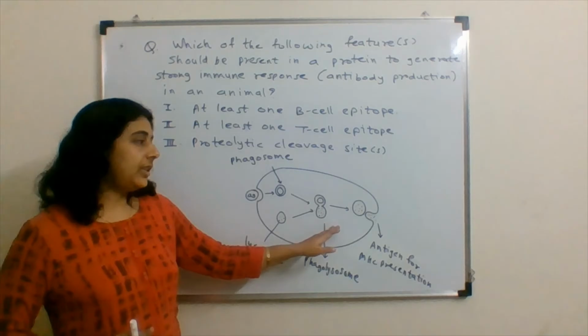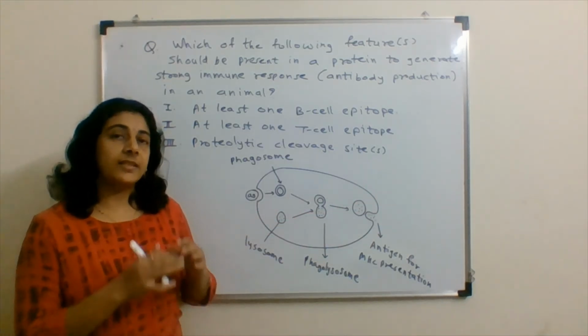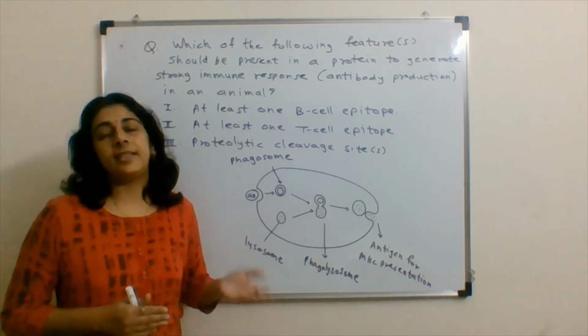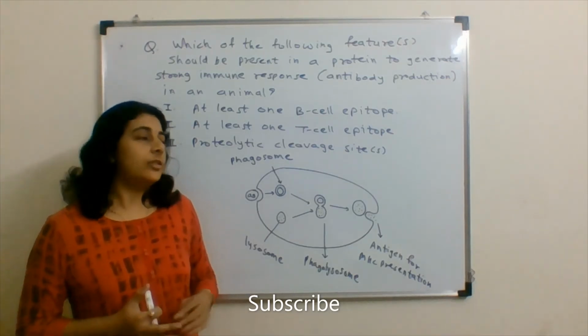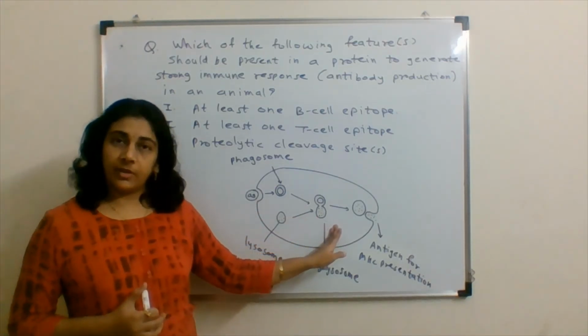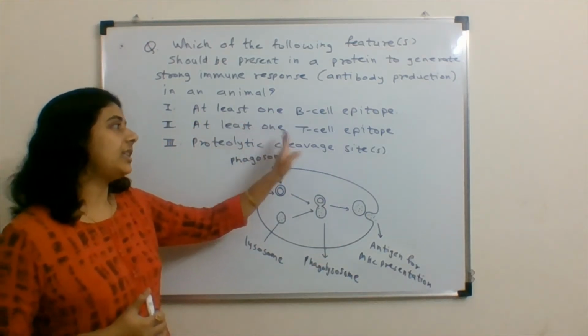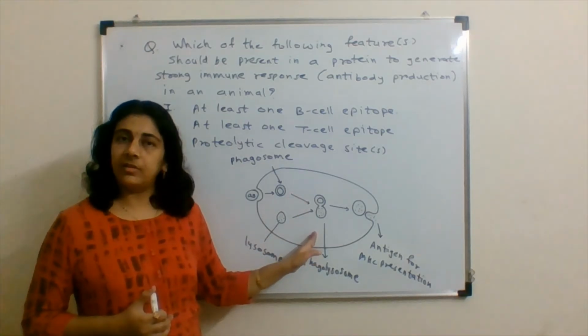So it gets cleaved here and then it is presented using the MHC. There is a MHC presentation so that the T cells can recognize that particular antigen. So here the reference of proteolytic cleavage site is also there, and it should have at least one T cell epitope. The reference of this is also there.